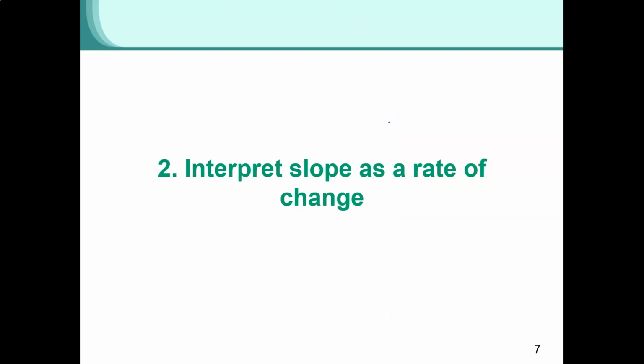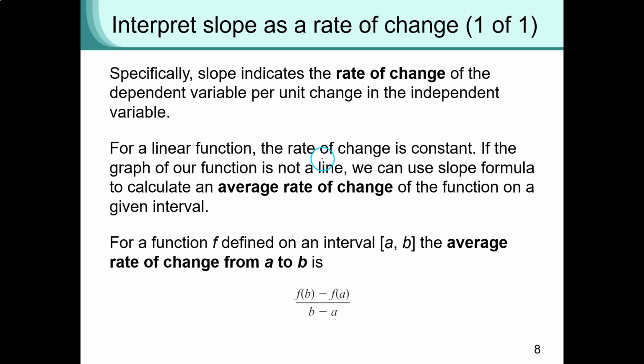Interpret the slope as a rate of change. The rate of change has the same meaning as the slope. In algebra, we go with the slope. In calculus, we go with the rate of change. For a linear function, the rate of change is constant.